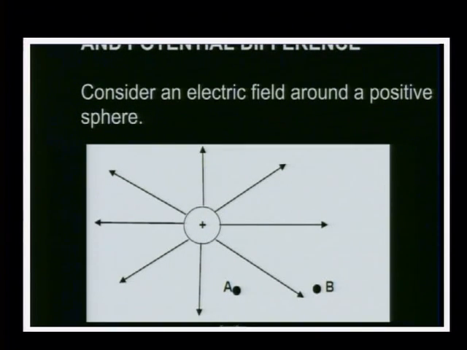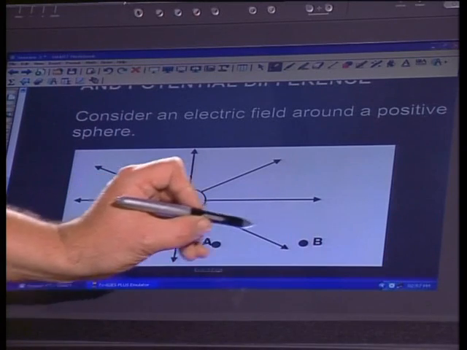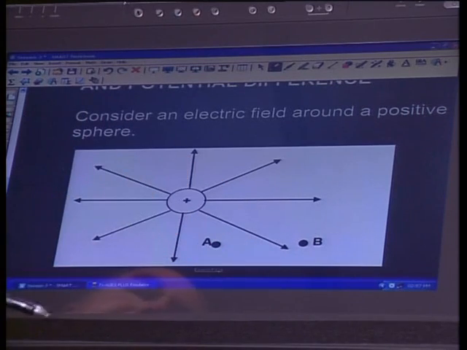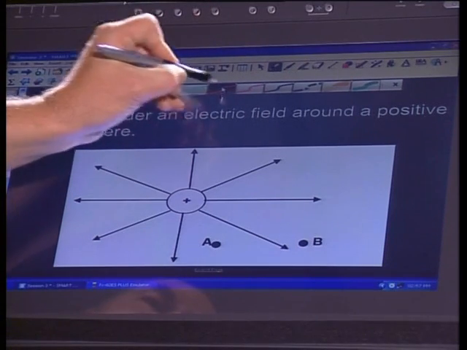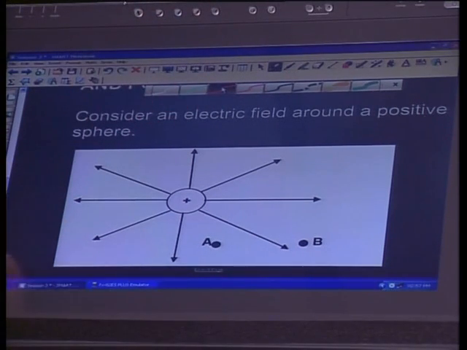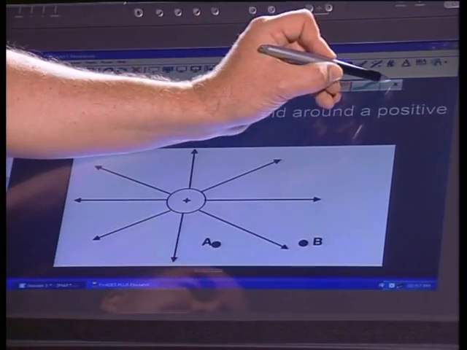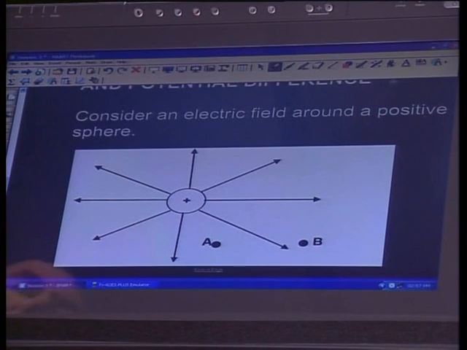Let's have a look at our non-uniform situation here. We've got position A and position B. There is our positively charged sphere, and we ask ourselves, can we work out how much electrical energy there is? What's this idea of electrical energy all about?